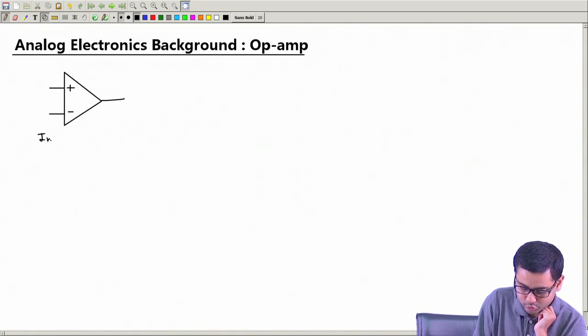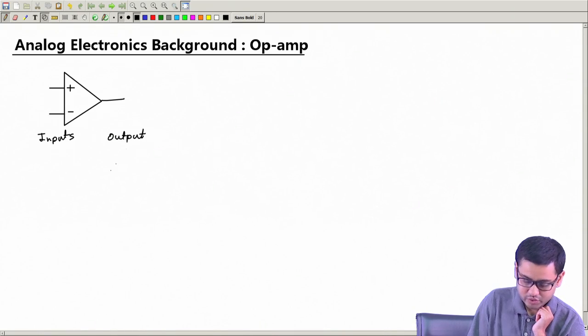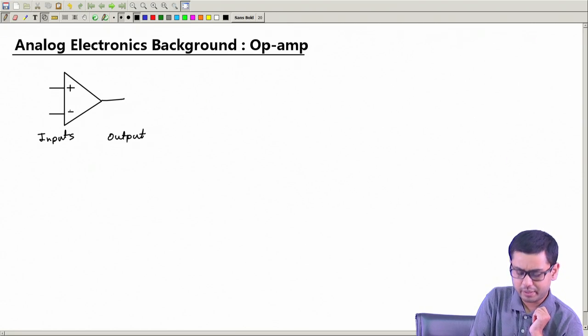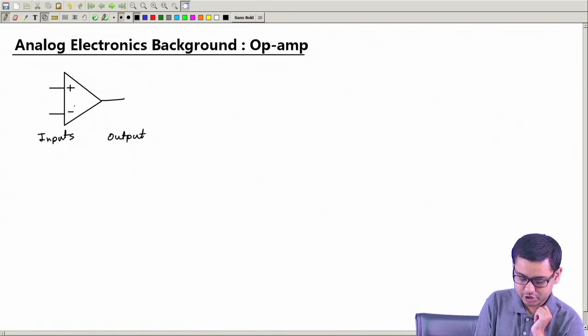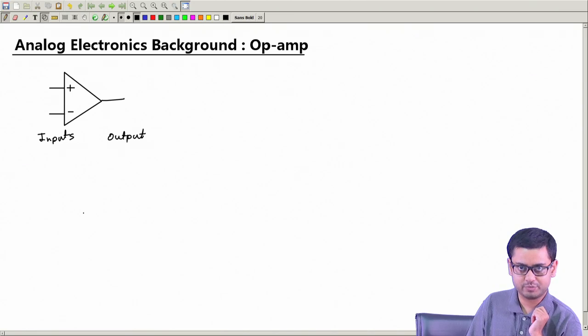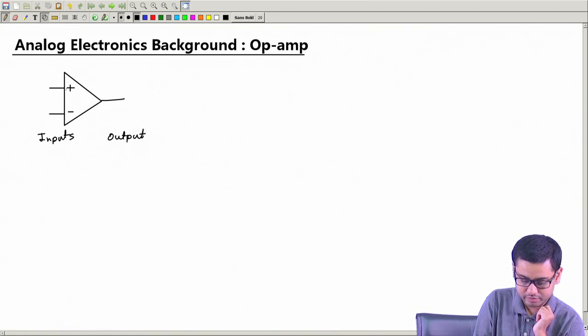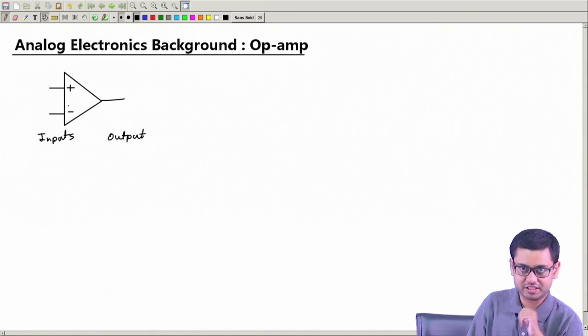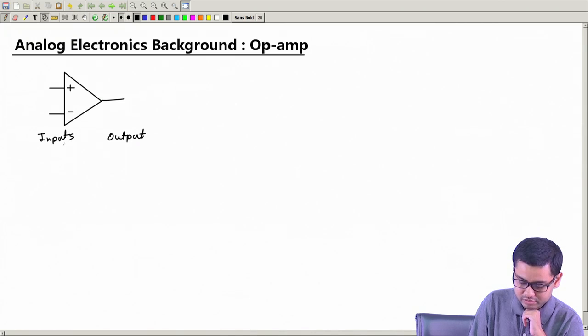We call the two inputs inverting and non-inverting inputs: minus for inverting, plus for non-inverting. For simplicity, you can also call them the plus input and the minus input. Okay, so this is what an op amp is.